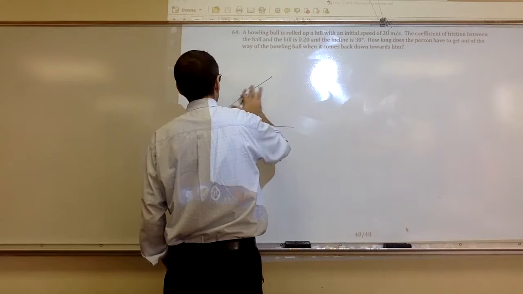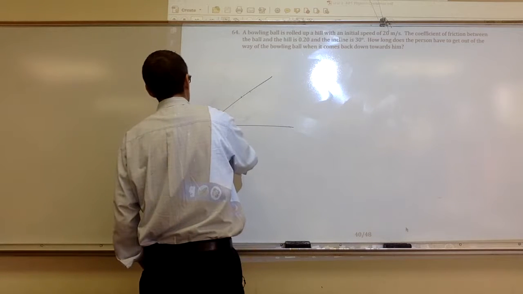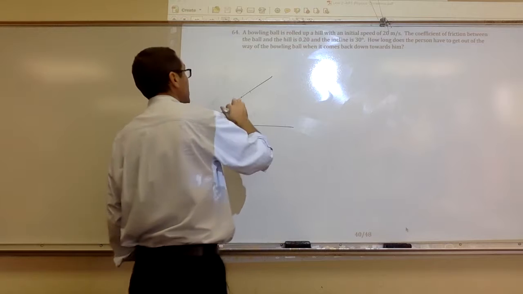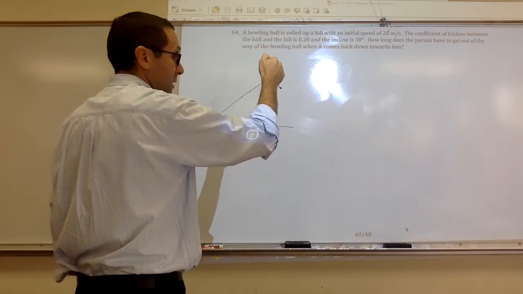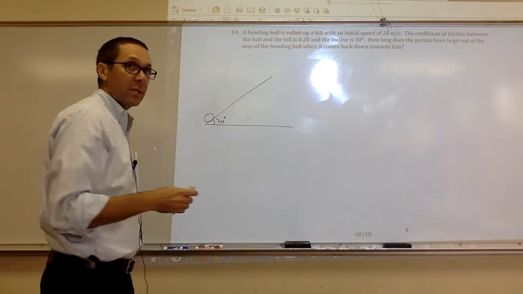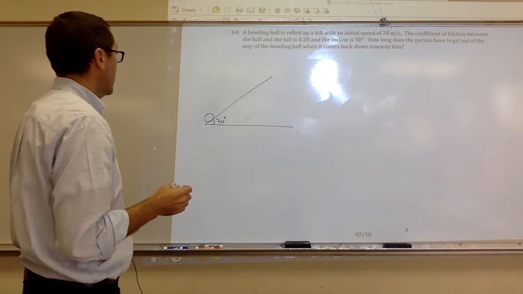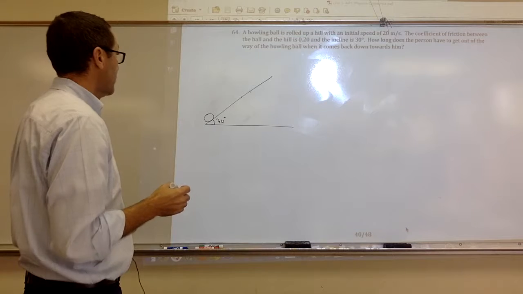So what I think we should do here is find the time it takes to get to the top, and find the time it takes to get to the bottom, and we're going to see that those times are not equal, and we'll make that decision once we draw the free body diagram.